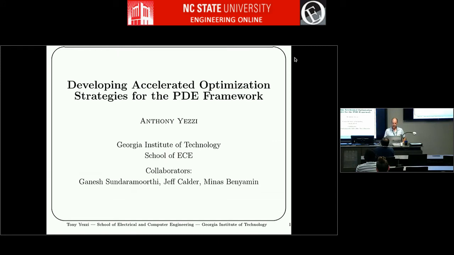So basically what I want to talk about today, after I introduce the application that got us interested in it, is that many of you might be familiar with momentum-based gradient descent techniques, or sometimes they're called accelerated gradient descent techniques. And they actually go back quite a bit to Nesterov for optimization on convex problems, but they're used quite a bit for non-convex problems as well.